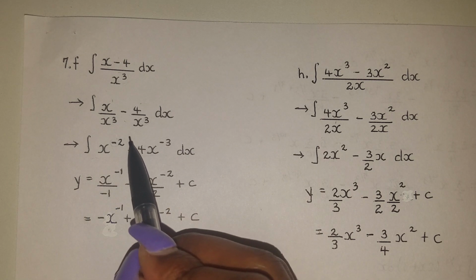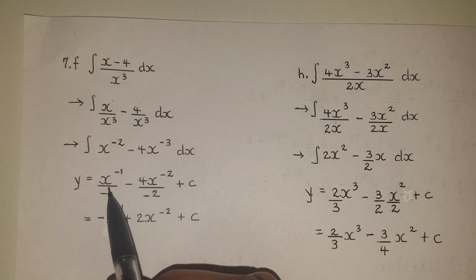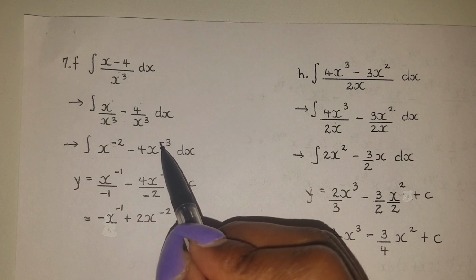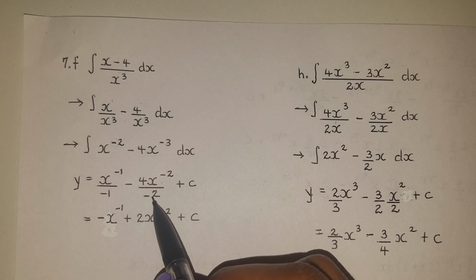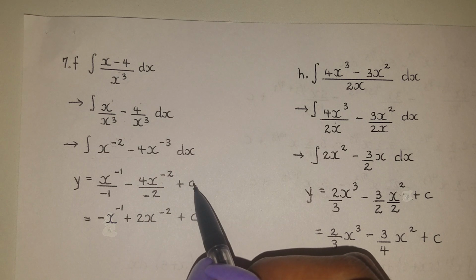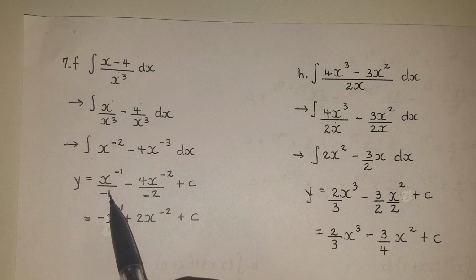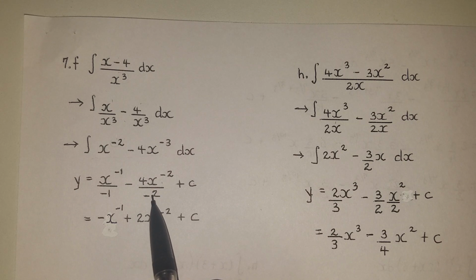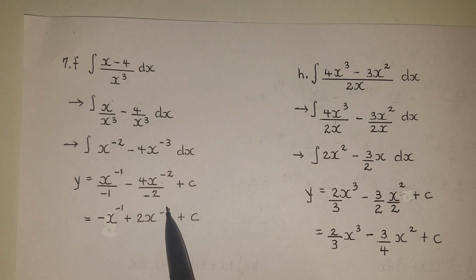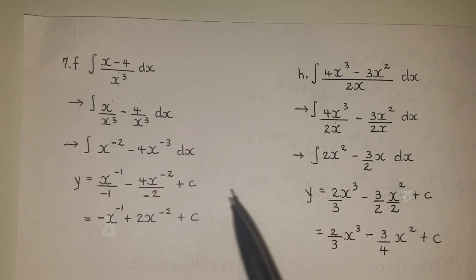Add 1 to negative 2 to get negative 1 and divide by negative 1. Add 1 to negative 3 here and get negative 2, and we divide by negative 2, plus c at the end. So simplified, this becomes a negative x raised to the negative 1, and then negative 4 divided by negative 2 is a positive 2, and then our x raised to the negative 2 goes back, plus c.